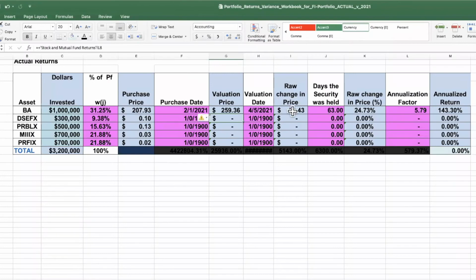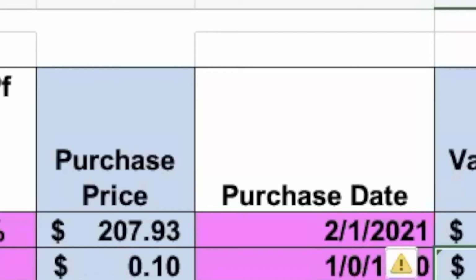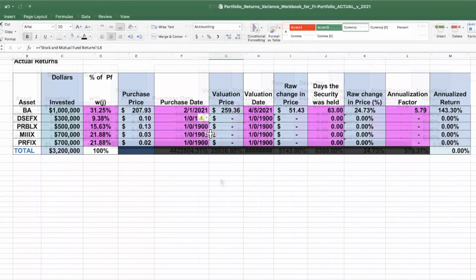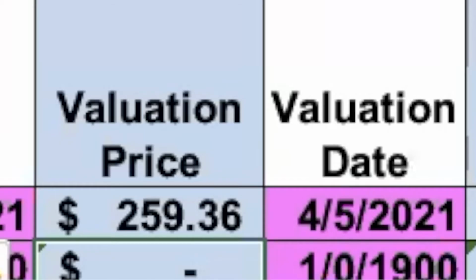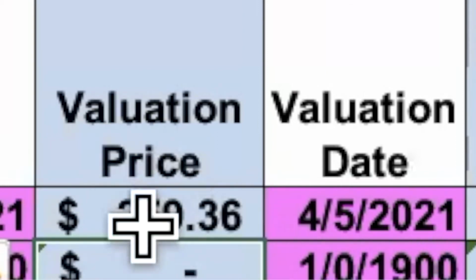In this case, the price at purchase is $207.93 as of February 1st, 2021. The price on the valuation day is $259.36, and I'm using the valuation day of April 5th, 2021.